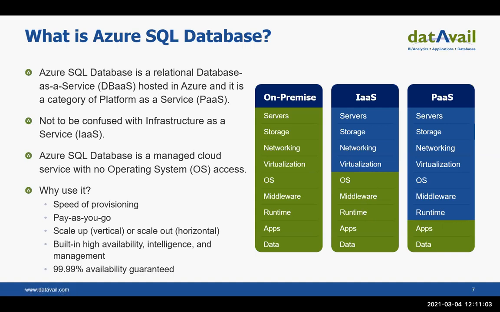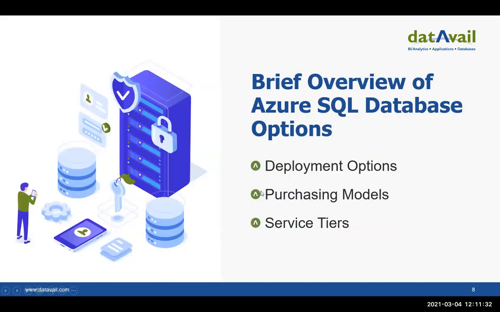For example, for on-premises, you are responsible for everything: server, storage, networking, virtualization, OS, and so on and so forth. In infrastructure as a service, IaaS, the cloud provider will be responsible for server, storage, networking, and virtualization. You'll be responsible for the green sections. In PaaS, you will be responsible for the apps and data.